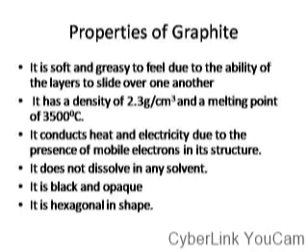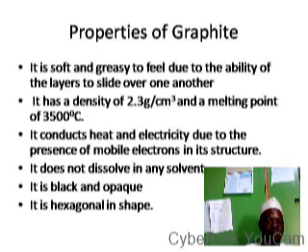What are the properties of graphite? Graphite is soft and greasy to feel. It has a density of 2.3 grams per cubic centimeter, less dense than diamond. It has a high melting point of 3,500 degrees Celsius, but not as high as that of diamond.